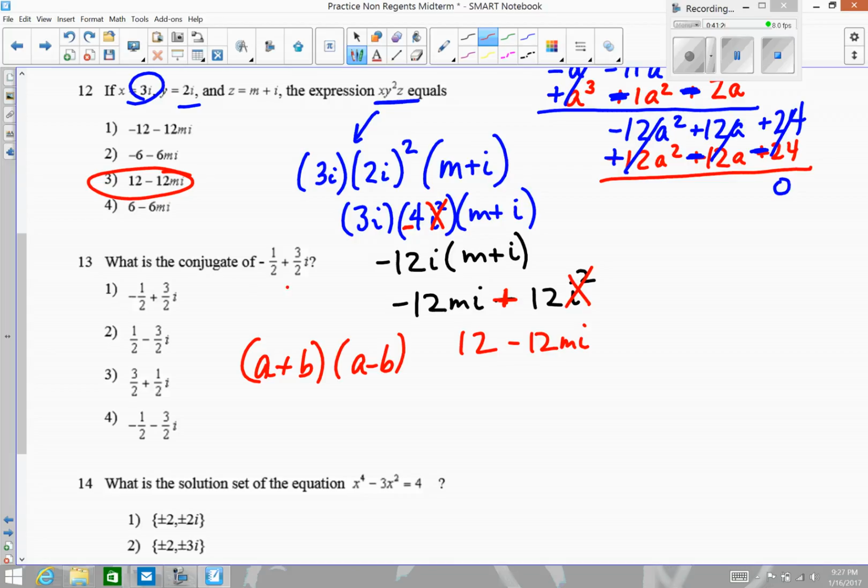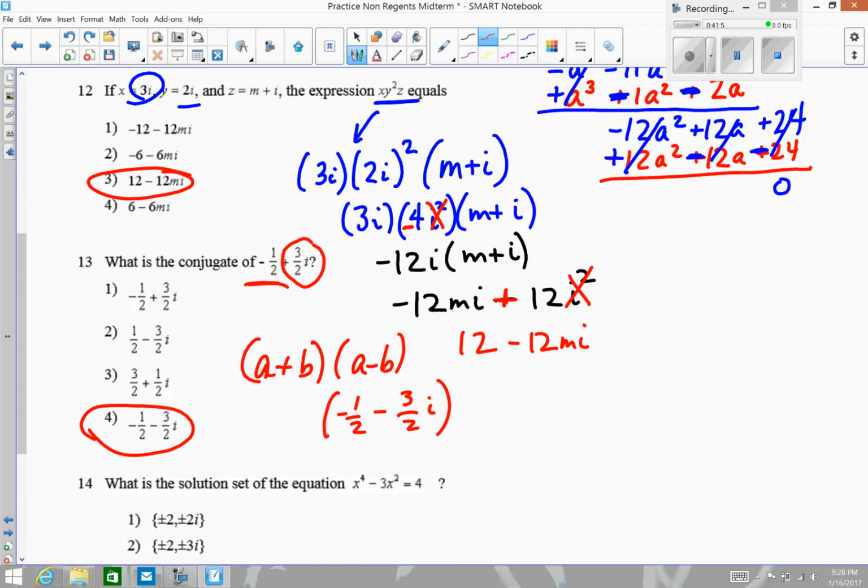If I start out with a negative 1/2, that's my a. And if one term is plus 3 over 2i, then b is equal to 3 over 2i, and I want a minus 3 over 2i. So the conjugate is negative 1/2 minus 3 over 2i. That is answer number 4.